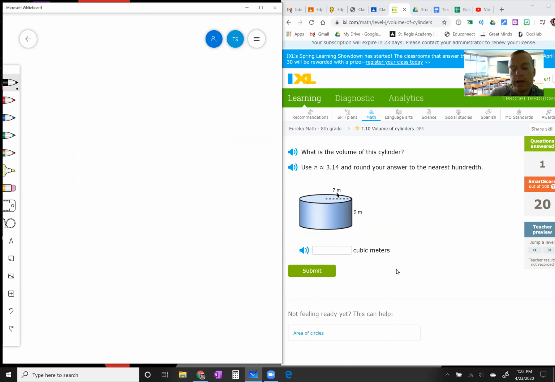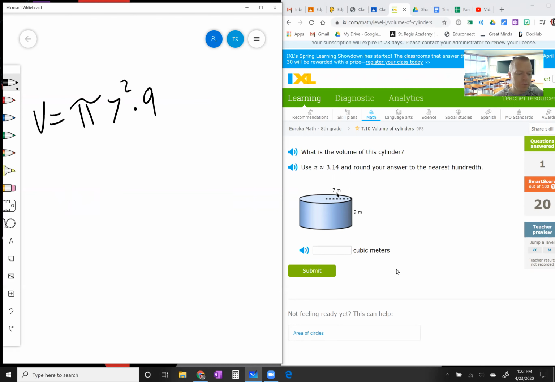Now we got radius of 7, height of 9, so our volume is going to be pi, radius squared, so 7 squared, times 9. You can use a calculator for this part. We have pi times 49, because 7 squared is 49.